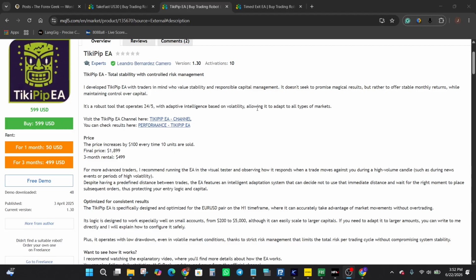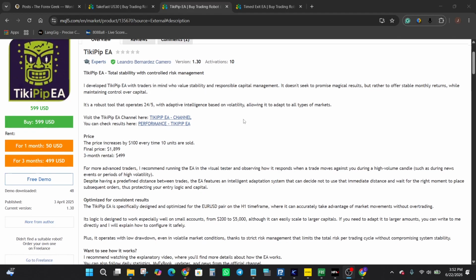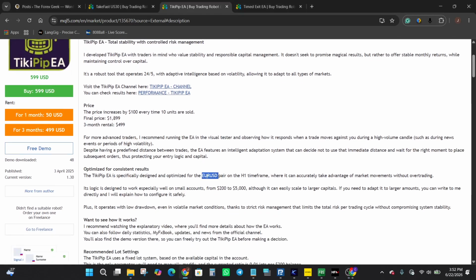According to the description, the EA operates continuously throughout the trading week and uses adaptive logic based on market volatility. One of the key points highlighted by the developer is that the system is optimized specifically for EURUSD on the H1 time frame.